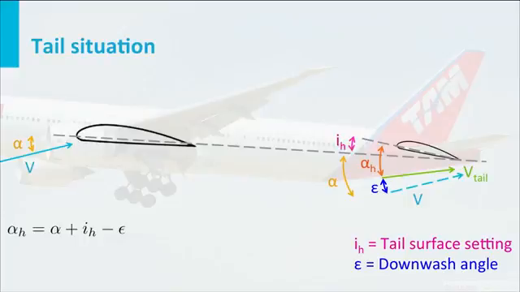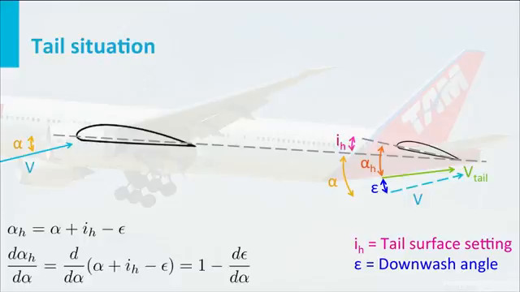And later, we will also want to see what the effect is of a change of angle of attack. If the angle of attack suddenly changes, how will the horizontal tail surface angle of attack change? Well, we can differentiate this equation with respect to alpha, and then we get this equation. The derivative of the tail angle of attack to the normal angle of attack is just the derivative of this equation. Well, d alpha over d alpha is 1.